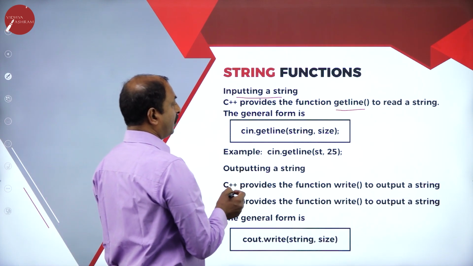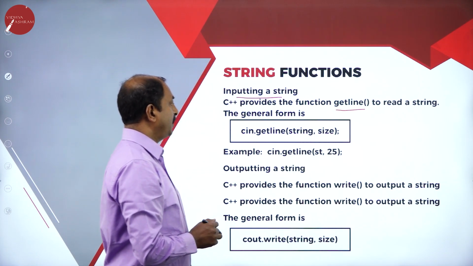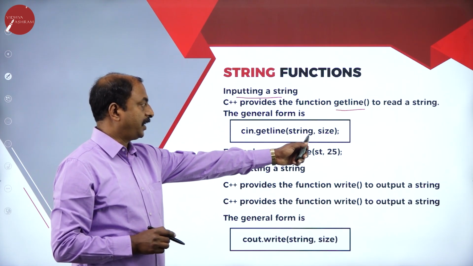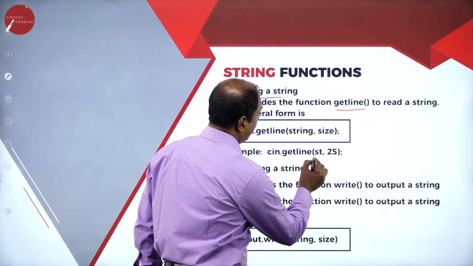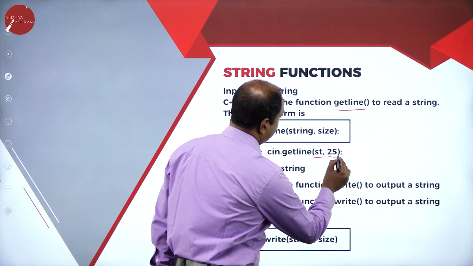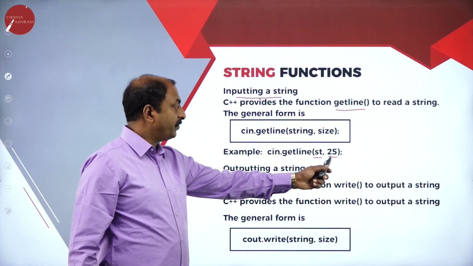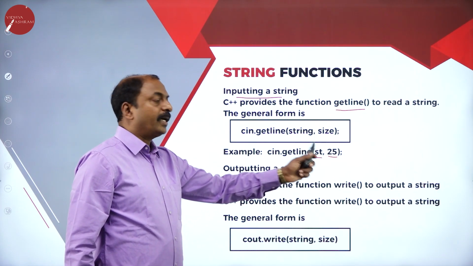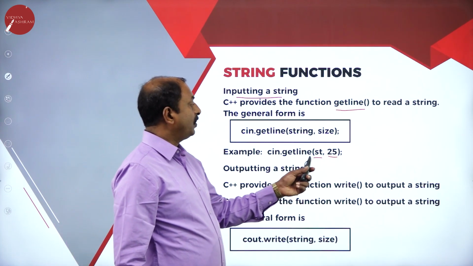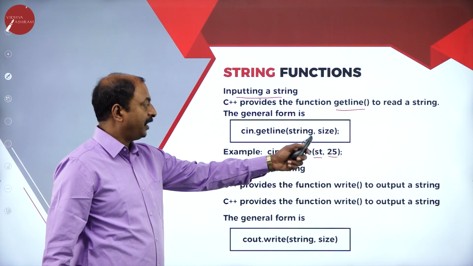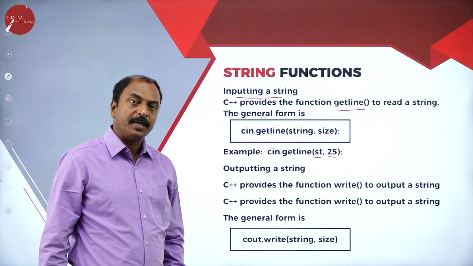The general form is cin.getline(string, size). For example, cin.getline(st, 25). According to this, the size is 25, so we can input a string of a maximum of 25 characters into the variable st. Here st is a string variable to be declared before using the input statement.